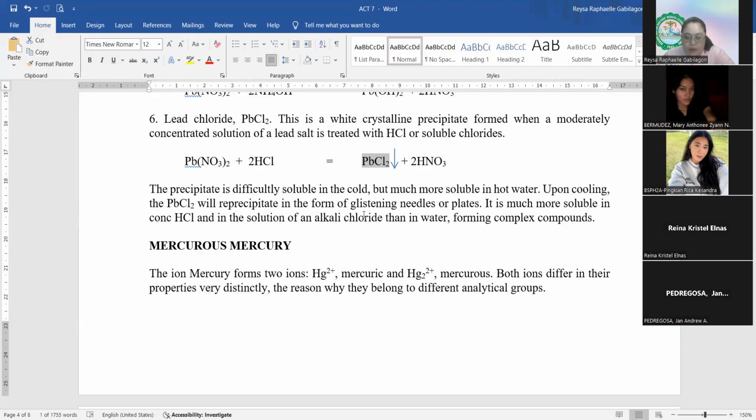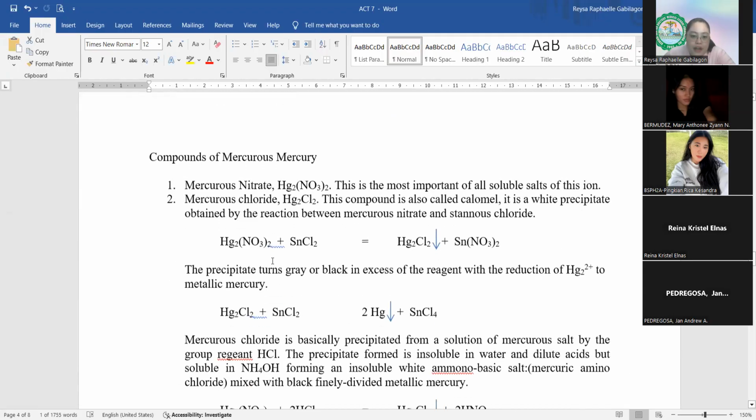Okay? So, which is soluble in boiling water pero insoluble sa ammonium hydroxide. Okay? Soluble lang siya sa, soluble pala siya, soluble sa ammonium hydroxide. Soluble both sa hot water and sa ammonium hydroxide.